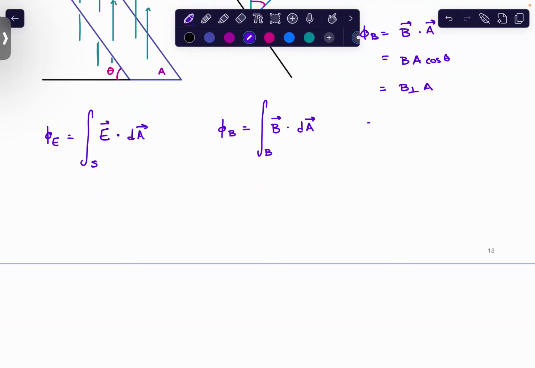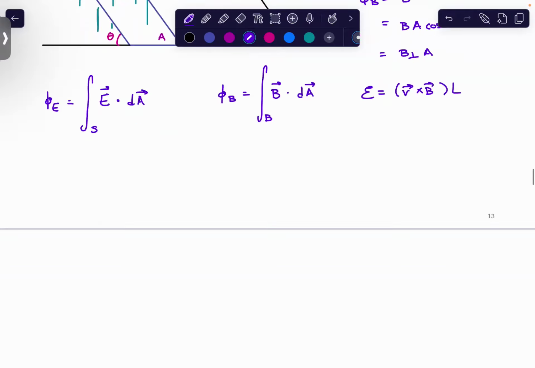Now we already know. So what we can extrapolate to, and let's see, at theta equals 90 degrees.